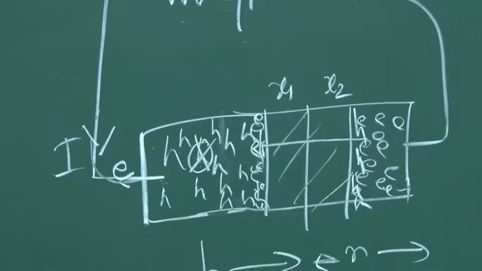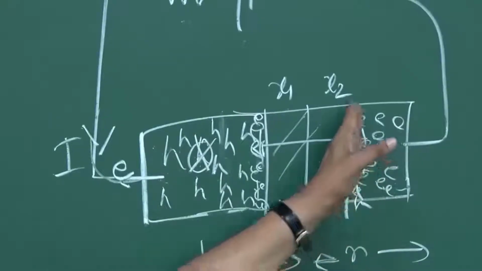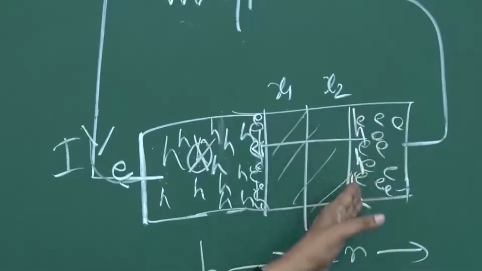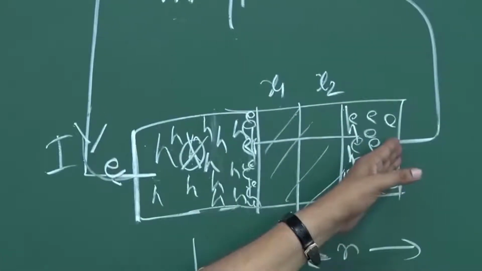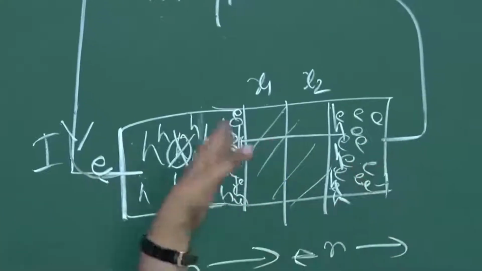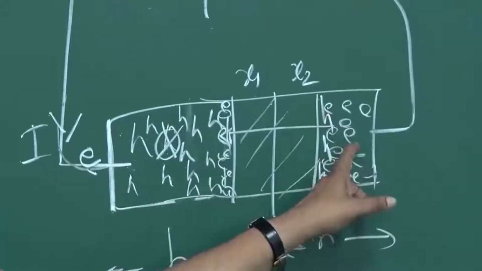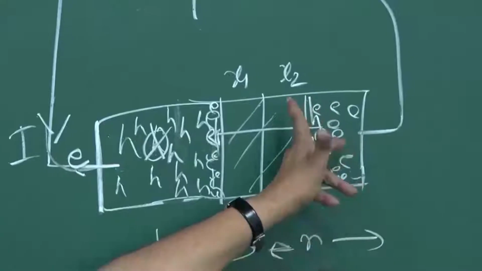Similar is the story on this side also. The holes have a large concentration here at the edge of the depletion layer, and on the other side towards that contact they have to diffuse, and during diffusion they can combine with an electron, and one electron can go.